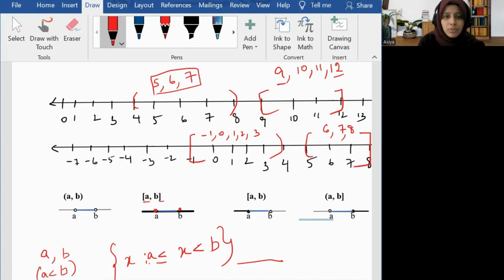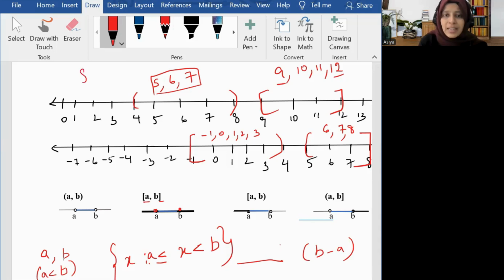Now moving on to how to find out the range or the length of any of the intervals. If I want to find out the length of any of the intervals, I just have to subtract b minus a, be it for any of the intervals: both open, both closed, one open, one closed. I just have to subtract.